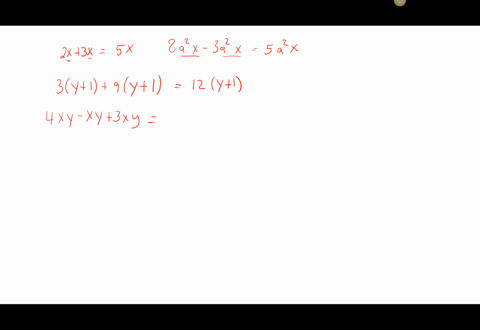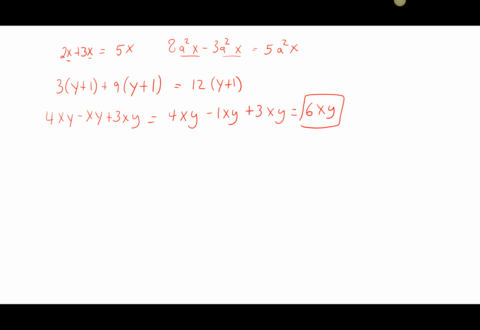Okay, so what are you going to do with this? So xy, xy, xy. Now, when you have 4xy minus xy, that's the same thing as saying 4xy minus 1xy. That 1 is just known to be there, but if it helps you, put that there. Plus 3xy. So 4 minus 1 is going to be 3. 3 plus 3 is 6. So it's going to be 6xy.